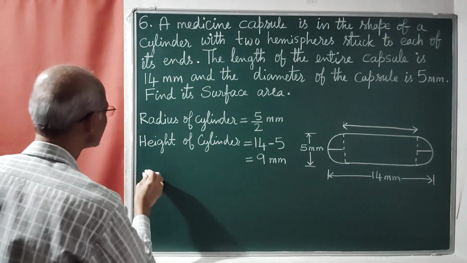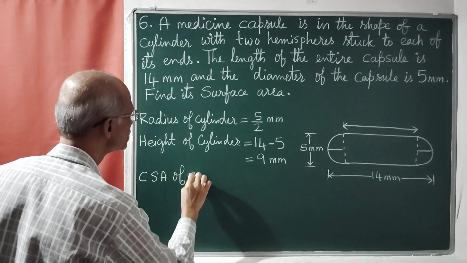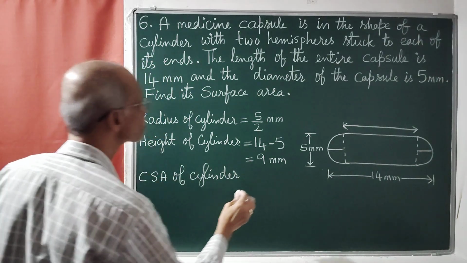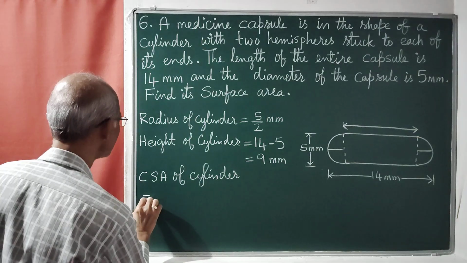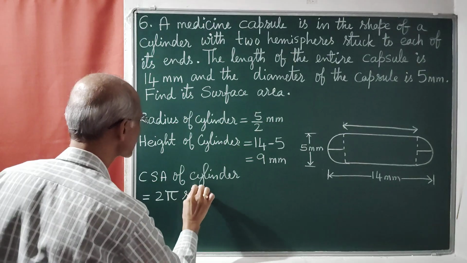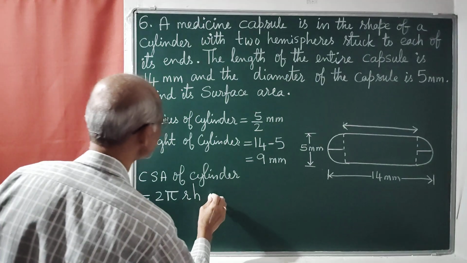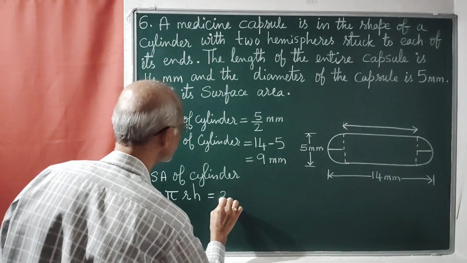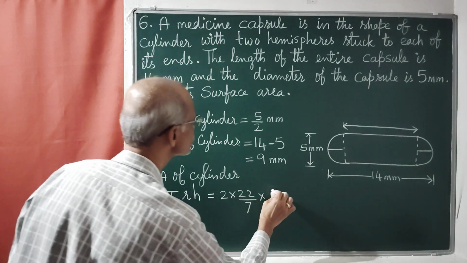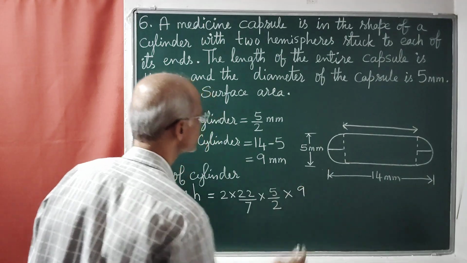Now we will find the CSA of the cylinder. CSA of cylinder is equal to 2 pi r h, equal to 2 into 22 by 7 into r is 5 by 2 into 9, h is 9.